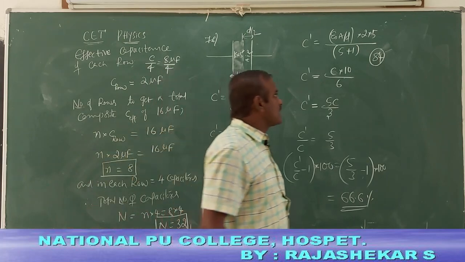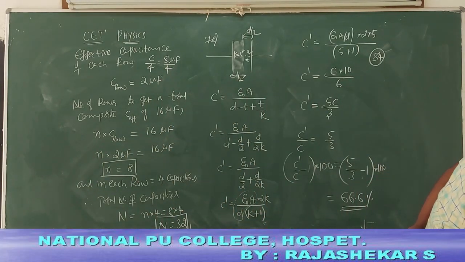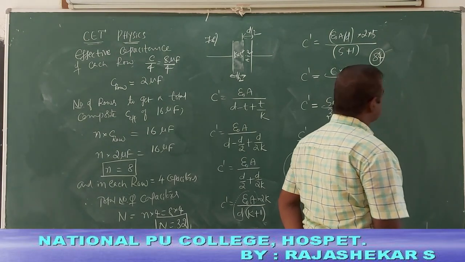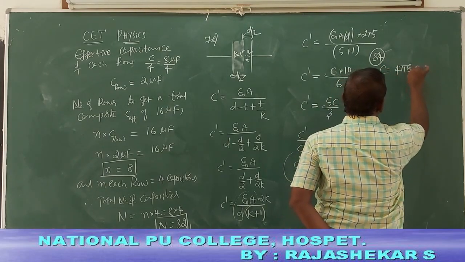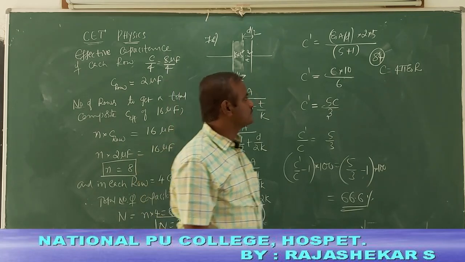Question number 84: capacitance of a spherical conductor of radius given, 18 centimeter, and charge given. What is the energy of the charged conductor? C is equal to 4 pi E naught R, isolated spherical conductor, radius 18 centimeter given.